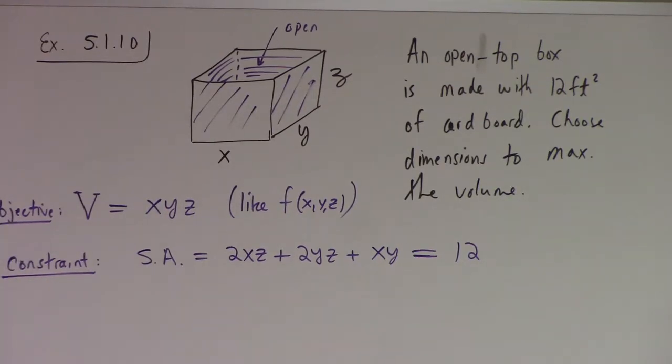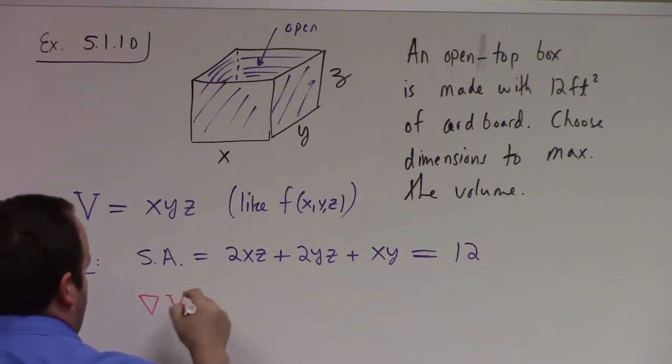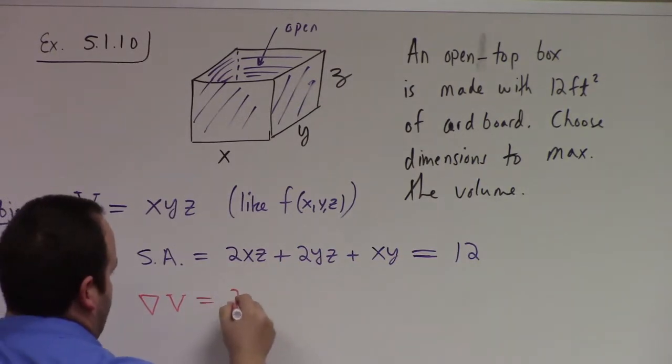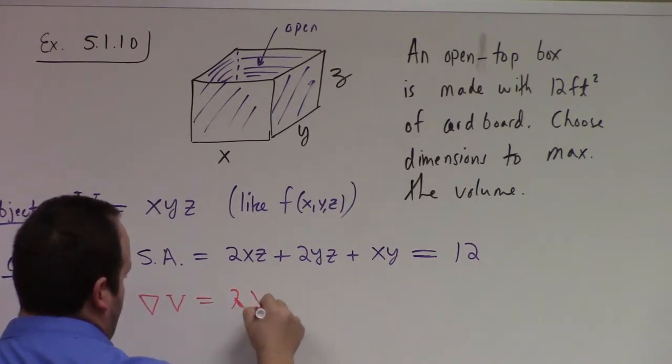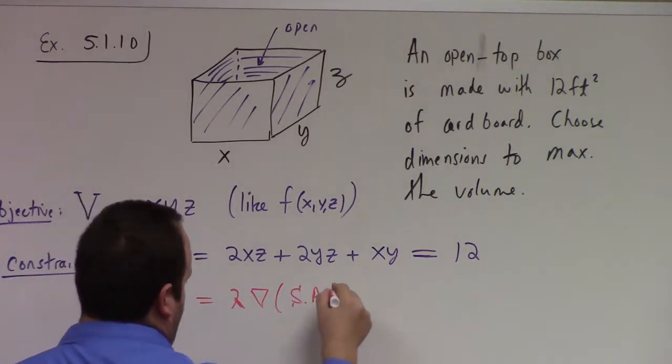So now, off to the races, Lagrange multiplier. So what do we got? The gradient of the objective function is equal to lambda times the gradient of the surface area function, right? What's that give me?